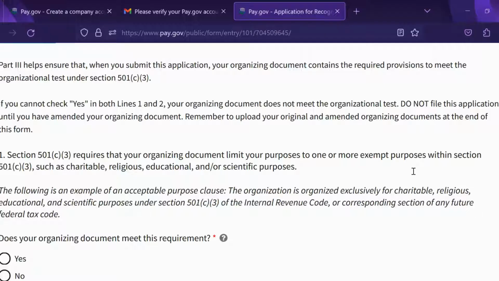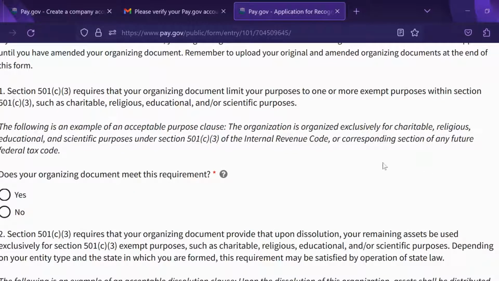There was a time a number of years ago when you were able to create your own purpose. But right now, if you're in another state, I am not sure what is stated on your articles, but for the state of California, your purpose statement does fit the requirements for having a 501(c)(3) organization.